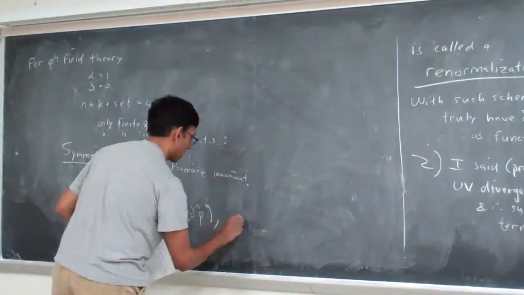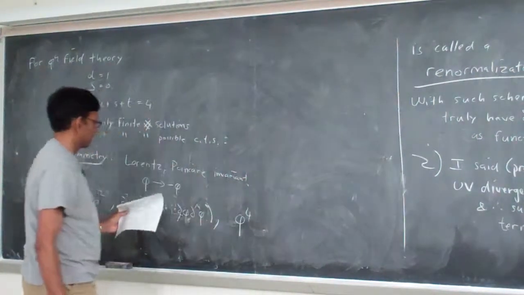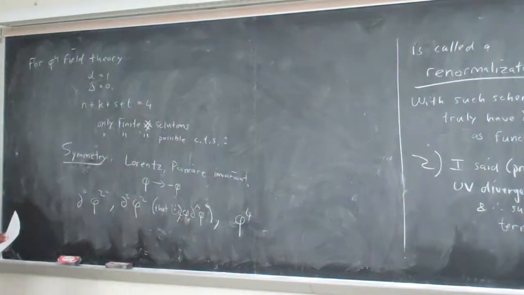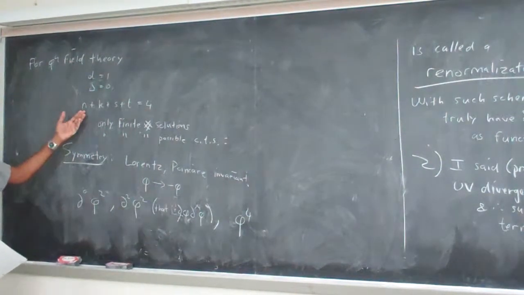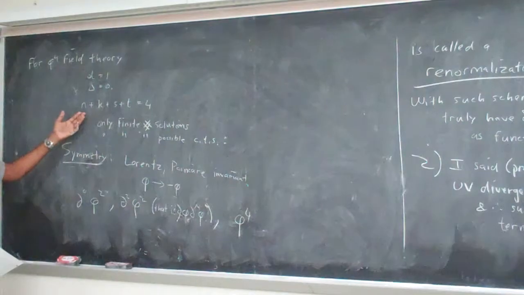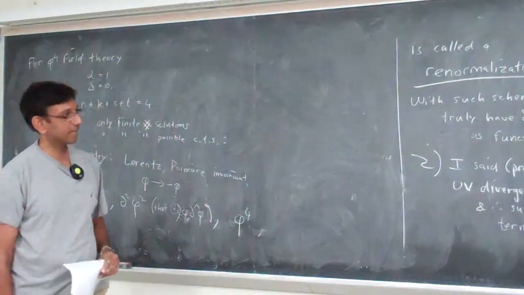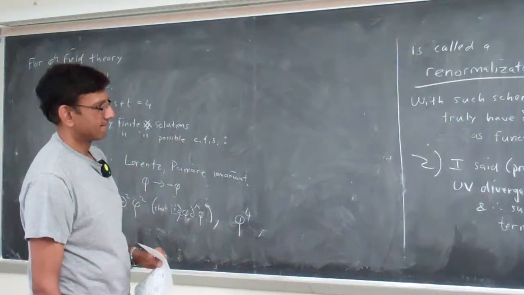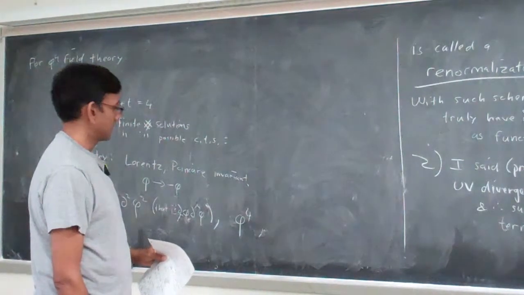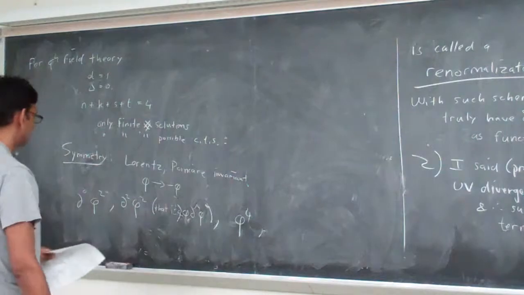I can have more phi's. I can have phi to the fourth. That's also even under phi goes to minus phi. But I can't afford any more derivatives according to this rule. And that's it. That's all I can do.